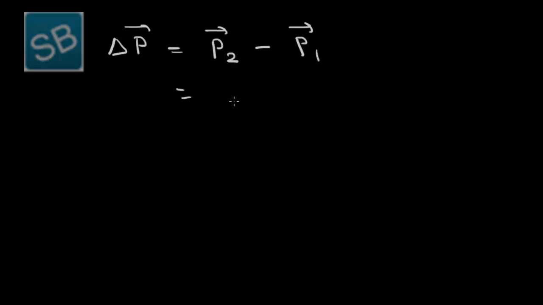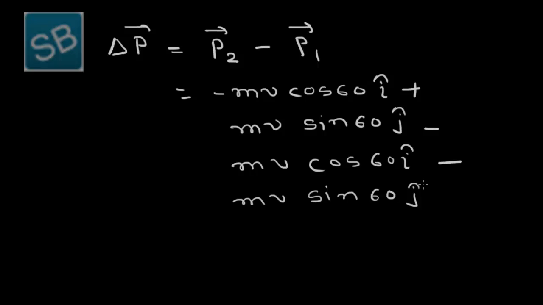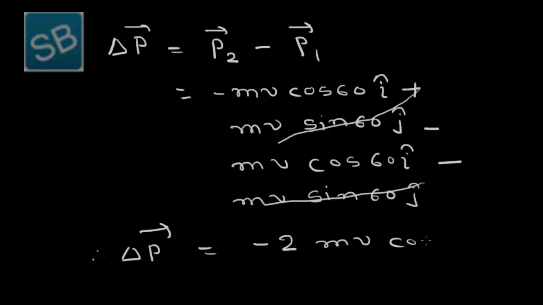It is equal to minus mv cos 60 i cap plus mv sin 60 j cap minus mv cos 60 i cap minus mv sin 60 j cap. So see, these y components are cancelled out. So delta P equals minus twice mv cos 60 i cap.